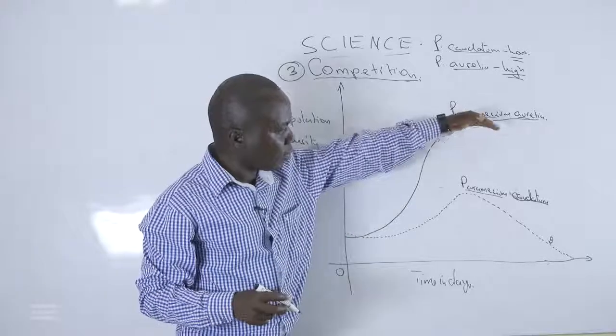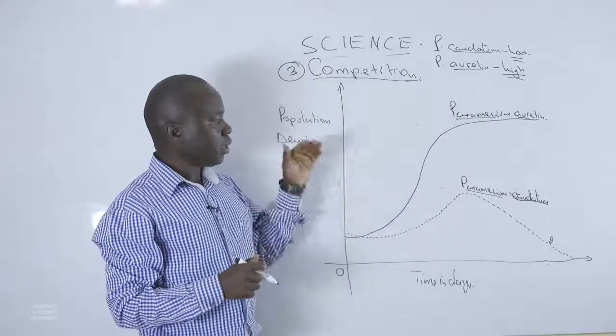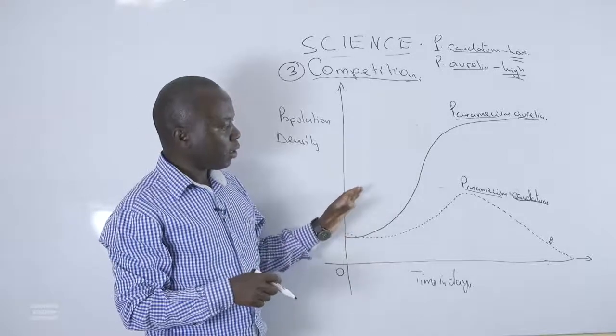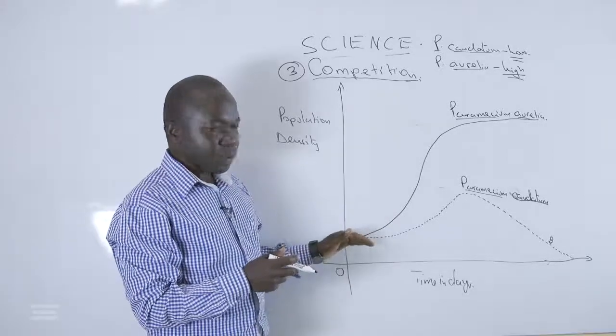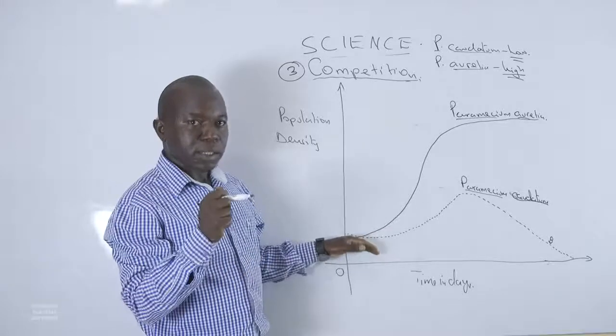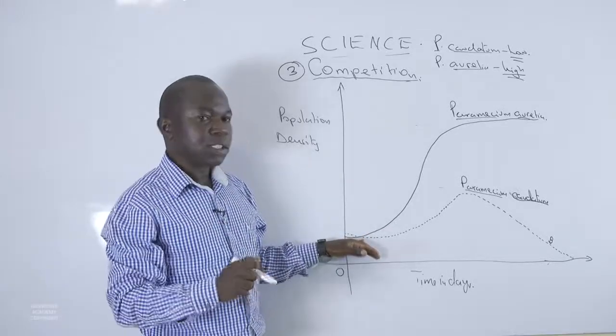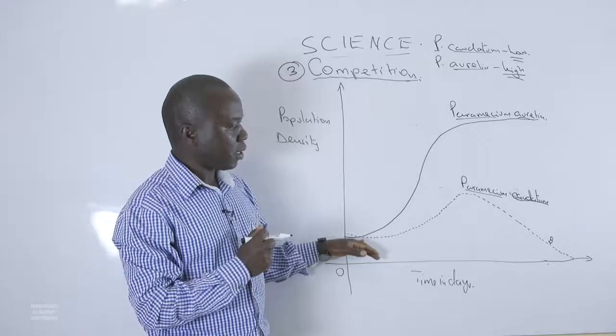So this is a curve for the two in the same culture, showing that the two were introduced in a culture, they demanded the same resources, and competition happened.